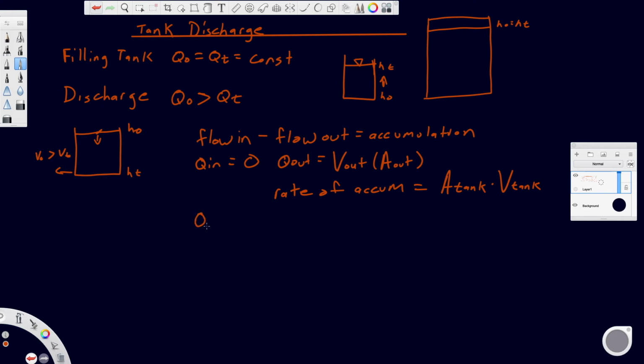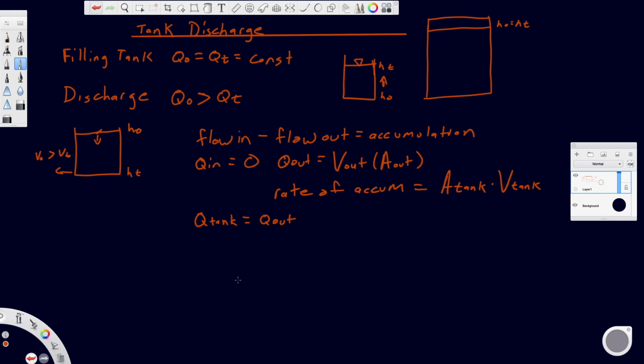So you could say the flow rate of the tank, which is kind of a little bit weird to say, but basically the velocity times the area is going to be equal to the flow rate out. And hopefully it's apparent that that's going to be your volumetric flow rate as it's leaving the tank, all right?